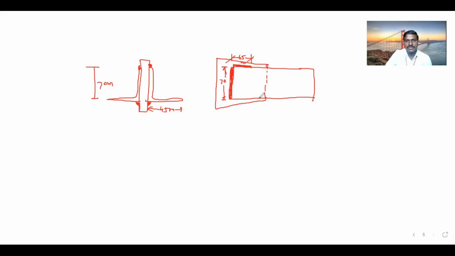And this side 155, no? Because at the bottom there is more load. That's why this length is always more. So in this way you have to draw the sketches.